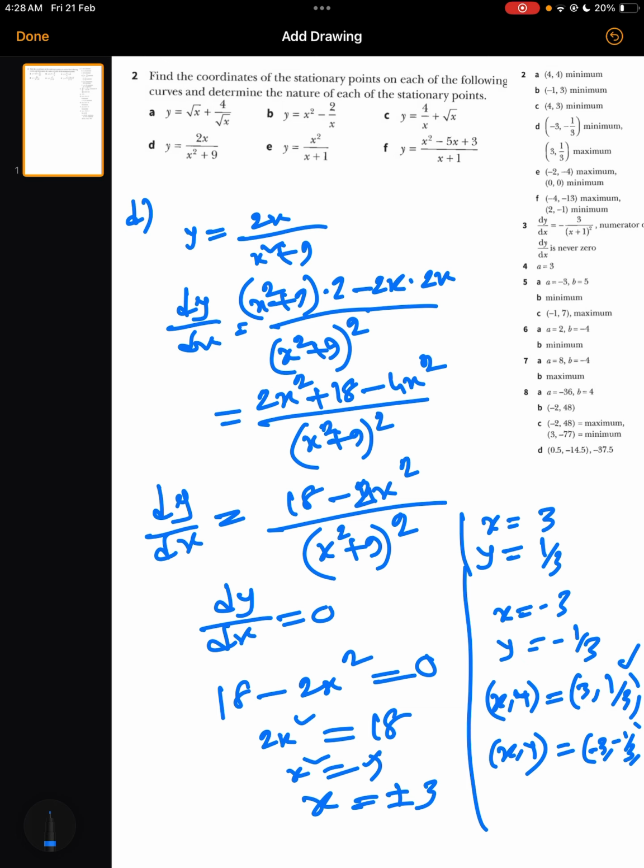So this is maxima, this is minima. How to check this value?